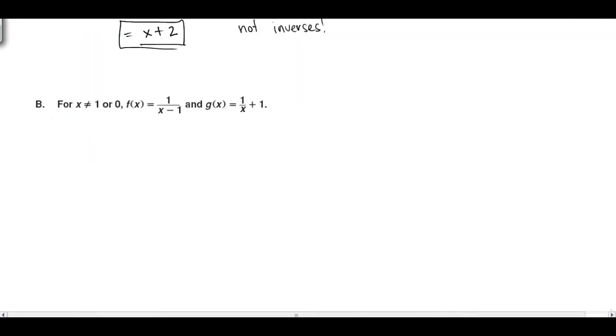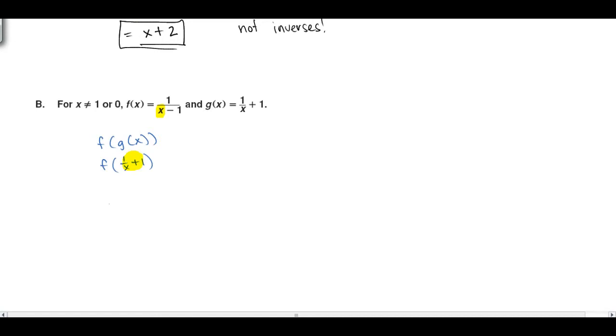If I do example 2, or B, same kind of thing. Somebody's walked up, said these two are inverses. I look at it, go, yeah, it could be. Now I got to be a little skeptical. So I'm going to do f of g of x, and I'm going to see if they really are inverses. So f of g, which is 1 over x plus 1. Now again, we're going to go over into this equation. We're going to take the x out. We're going to put all this stuff in its place.